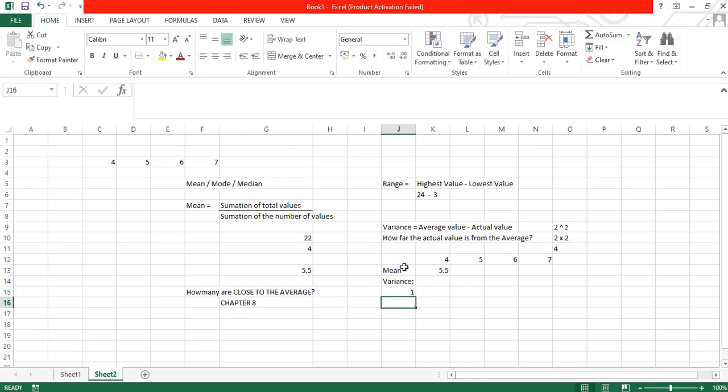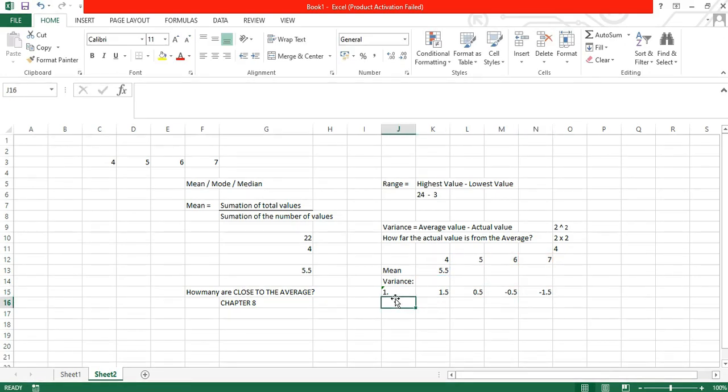So step 1, basically I'm going to take the difference between the mean and the value. So basically these are the gaps.